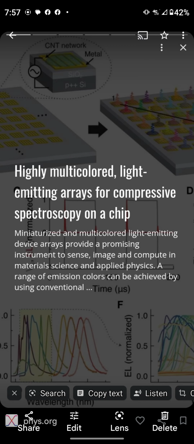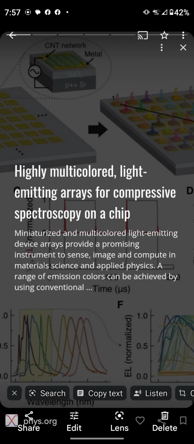I don't know exactly how that would work, but you can already use lasers to hit electrons and change their spin, which allows you to compute with electrons using photons.